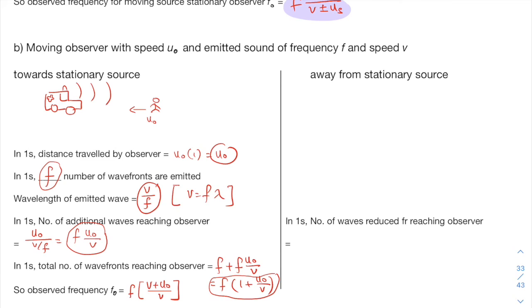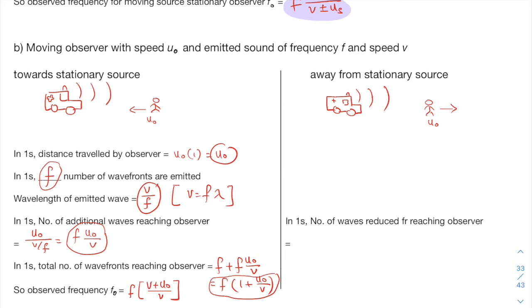Let's look at the next case, a moving observer away from the stationary source. Again, the ambulance is stationary, and now the observer is moving away with speed u_o.